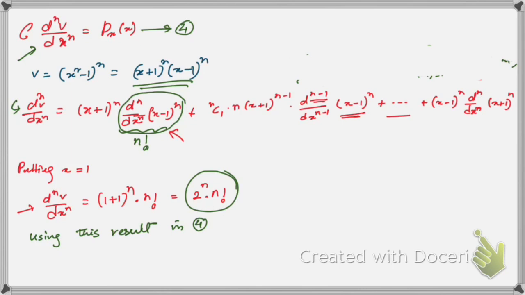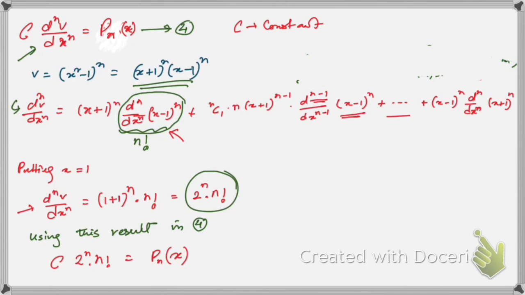So what we will get, capital C, which is a constant. So C is a constant, let me write here. So you will get 2 to the power n factorial n, so you will get Pn of x. So here it should be Pn of x.